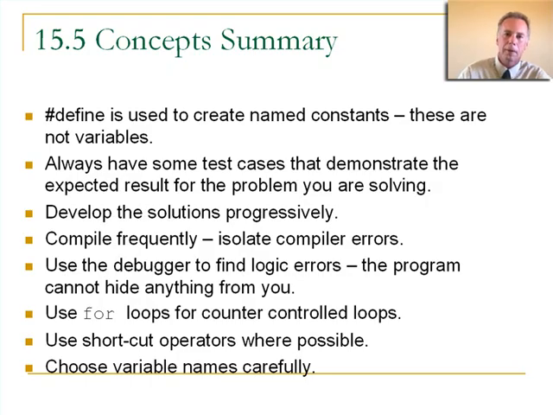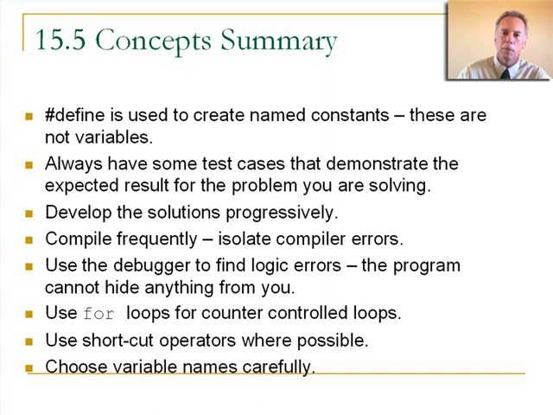Let's have a look at the only new concept or new language item that was introduced in this segment, and that's the pound define statement. Pound define is for defining a constant that you want to use throughout your code file, and it is not a variable.